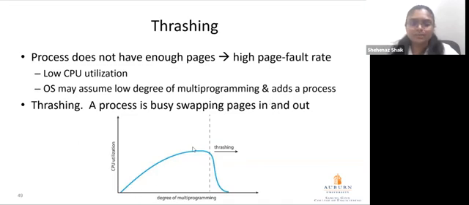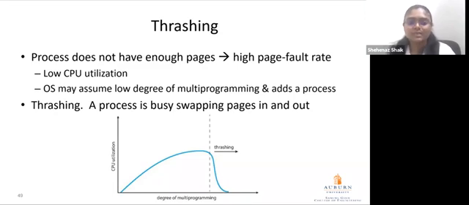So this is a situation where the operating system would simply assume that there are fewer processes, and it keeps adding more and more processes, and all these processes continue to experience high page fault rates, because there is not a sufficient number of memory frames that can be allocated to each of these processes. That situation, we refer to as thrashing.